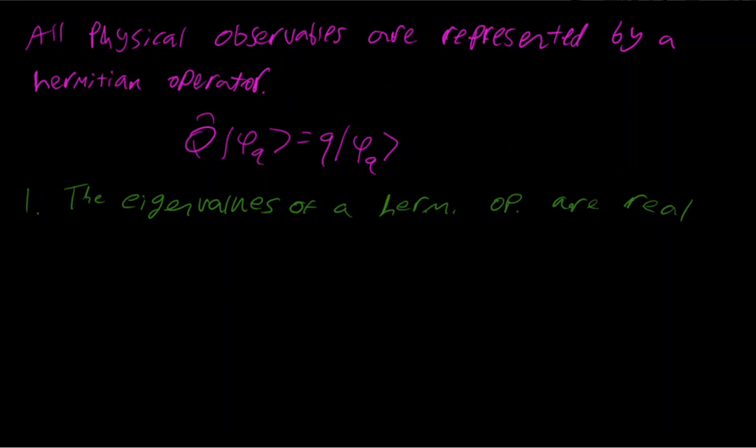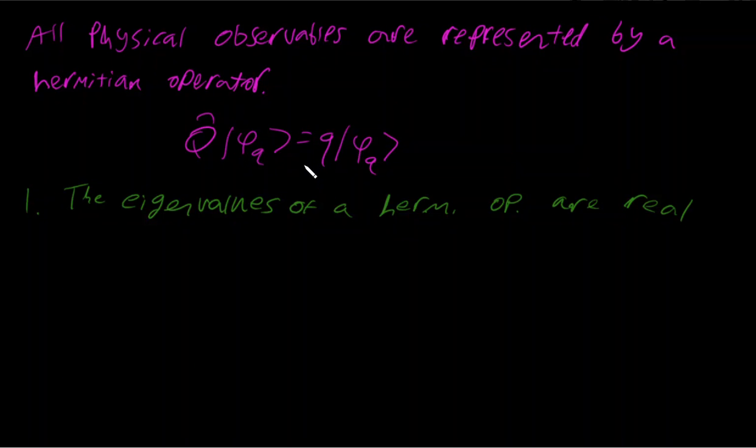Before we prove this, let's think about why this is necessary for any physical observable. If we're going to observe it, its eigenvalues are the actual values. If I have phi sub 1, this has an actual value of q equaling q1.